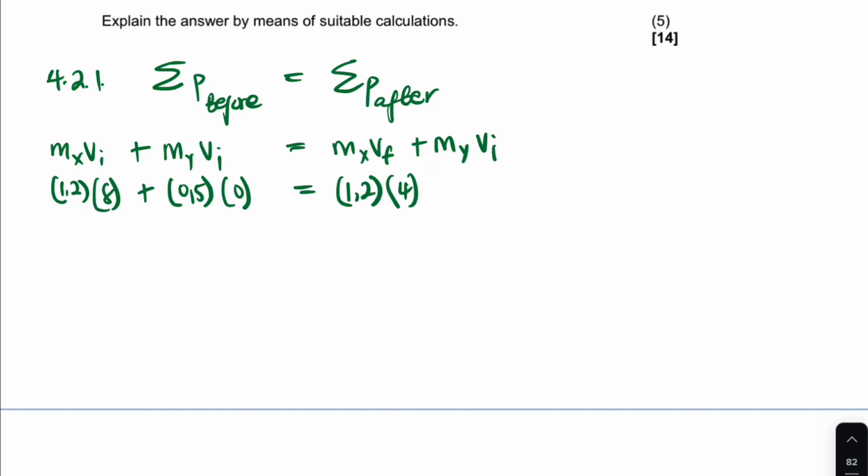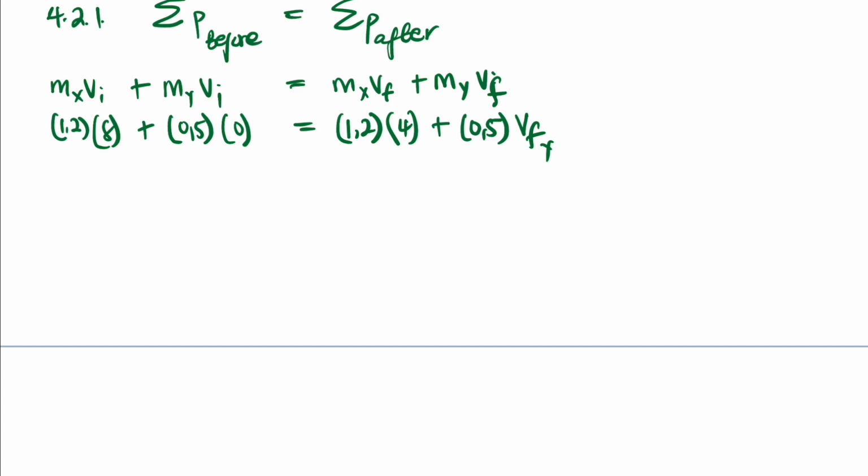So for trolley Y, we want its final velocity. So it's the mass, which is 0.5, and the v final, that's what we want there, v final for trolley Y. If you punch all of that calculation into the calculator, guys, I'm not going to waste time on that.